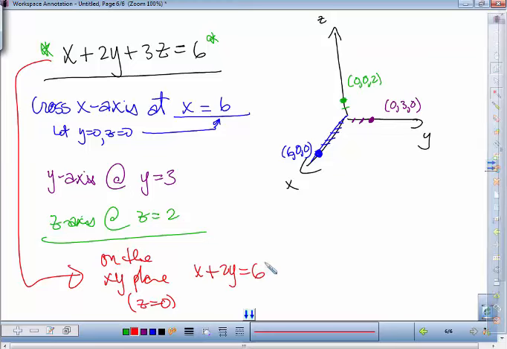Now, if I graph that, x plus 2y is equal to 6, I don't know, slope. Y-intercept is 3 and slope is negative 1/2. Is that right? So this will hit here at 6. Right?